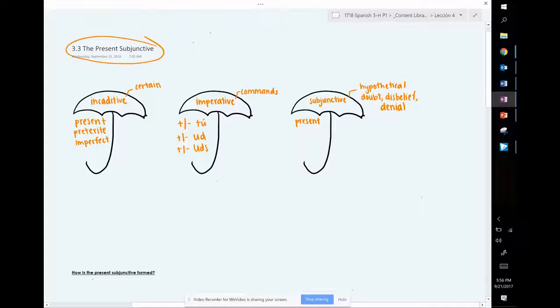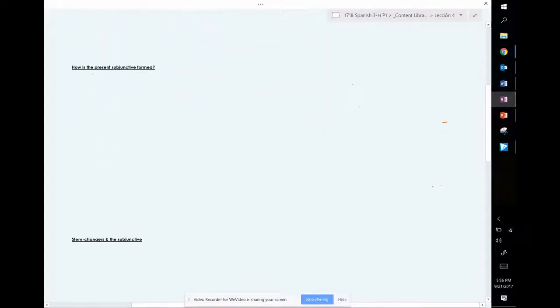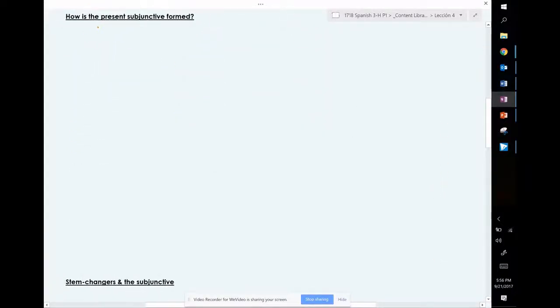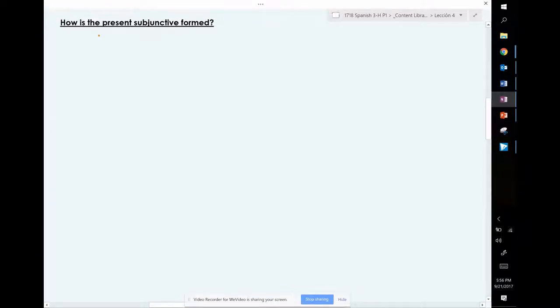Let's talk a little bit more about how the subjunctive is formed. So now we get into the actual conjugations of the subjunctive. I think it's easiest just to show you and then explain as we go. So I'm going to take bailar, just a boring old AR verb. First thing I'm going to do, put it into the present indicative, which is bailo, also known as the tense you learned in Spanish 1.